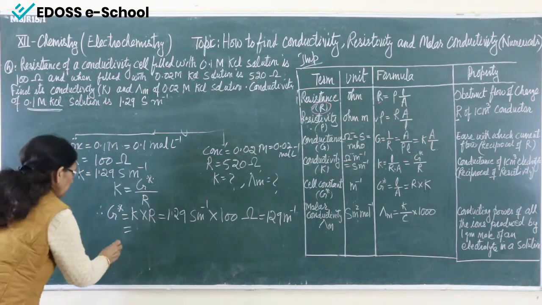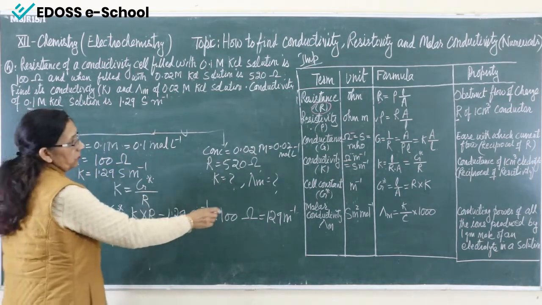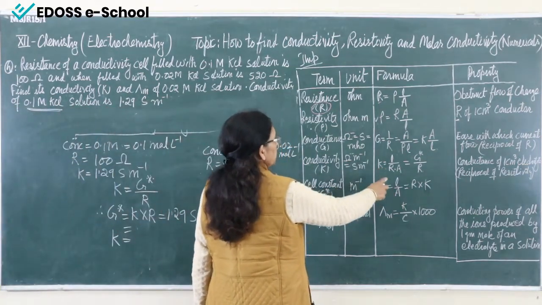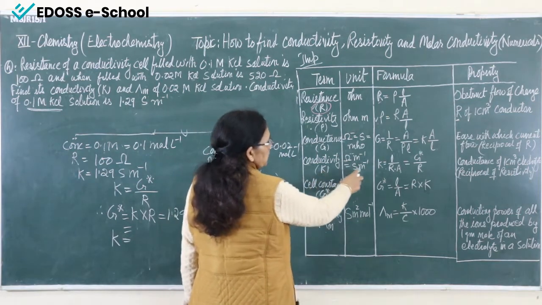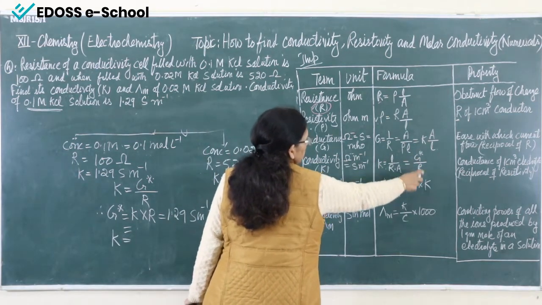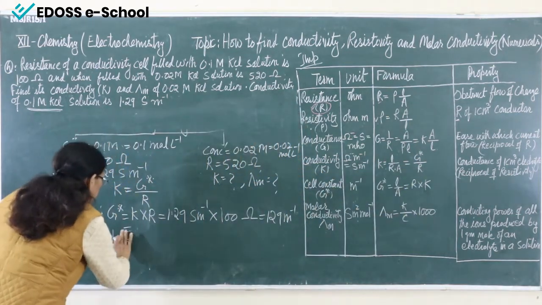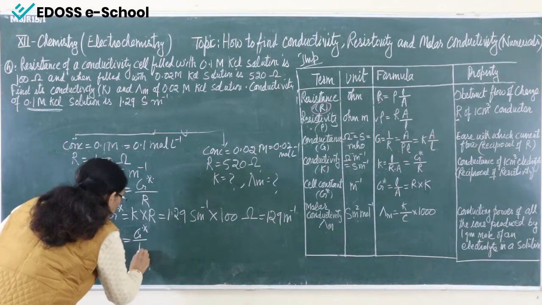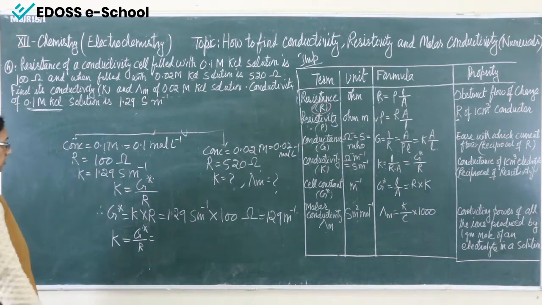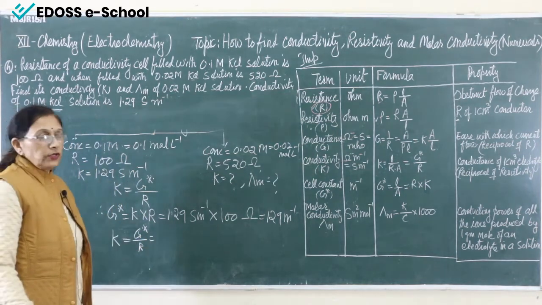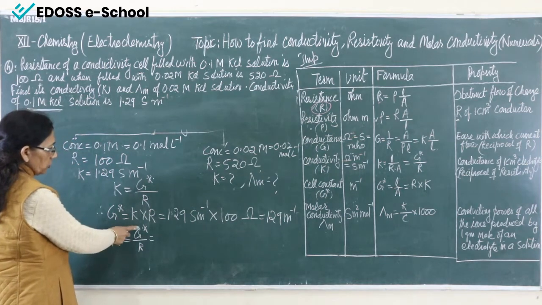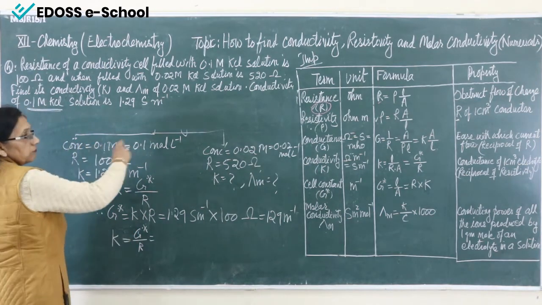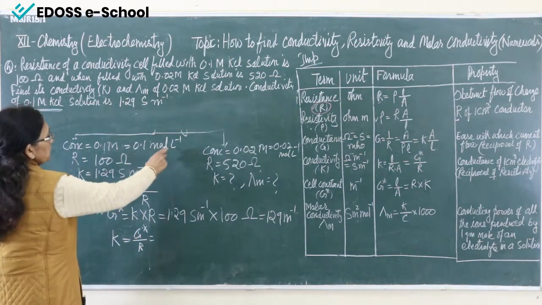For this cell, K is equal to the same formula: G star upon R. Because the cell is the same, there is no need to change the cell constant. The cell constant will be the same for both concentrations.